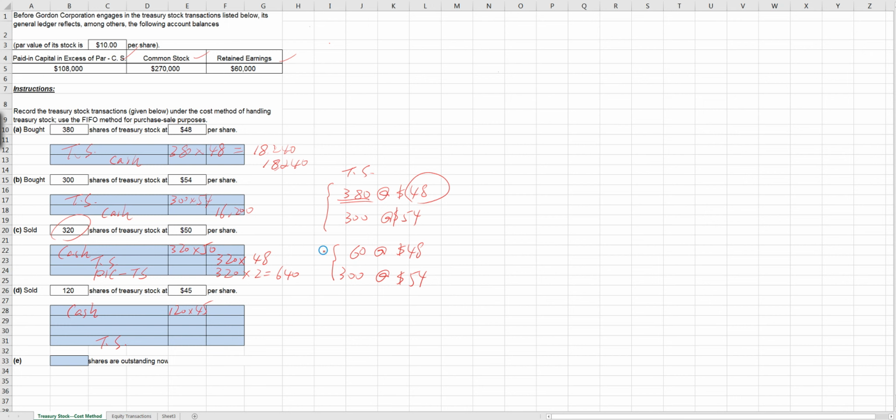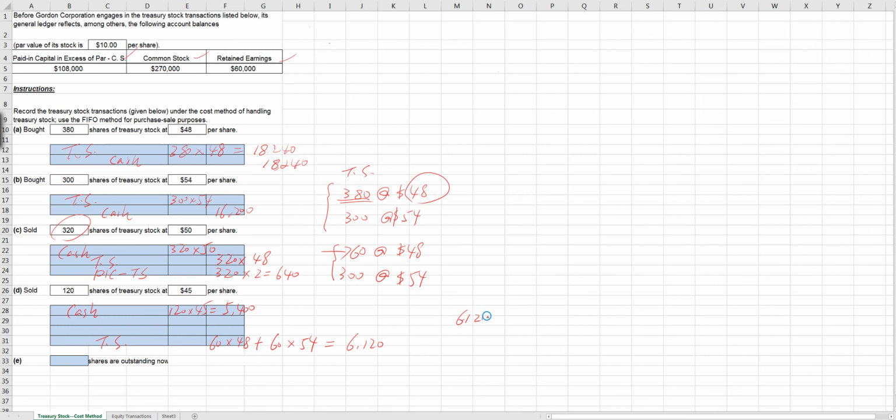We're starting with the 60 at $48, but that's not enough, right? We need another 60 shares at $54 per share. So this is going to give us the cost of this transaction, $6,120. Cash received, you do the calculation, is $5,040.